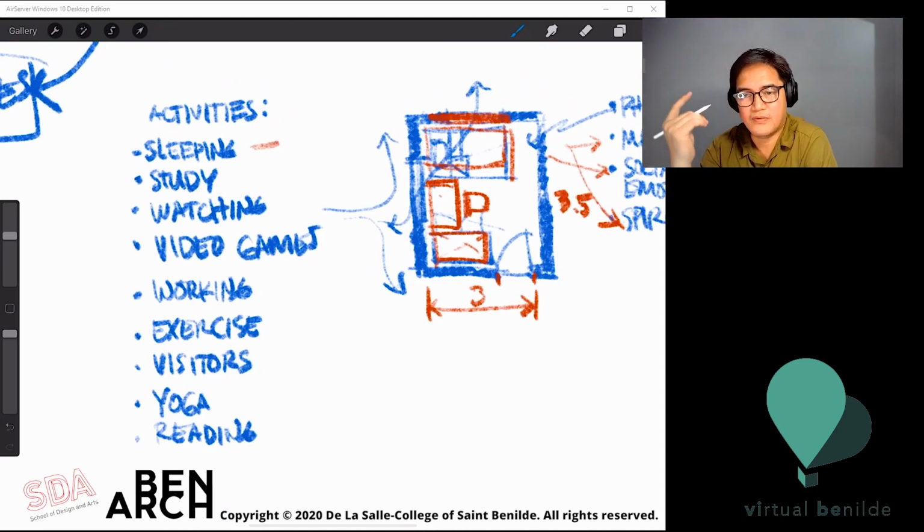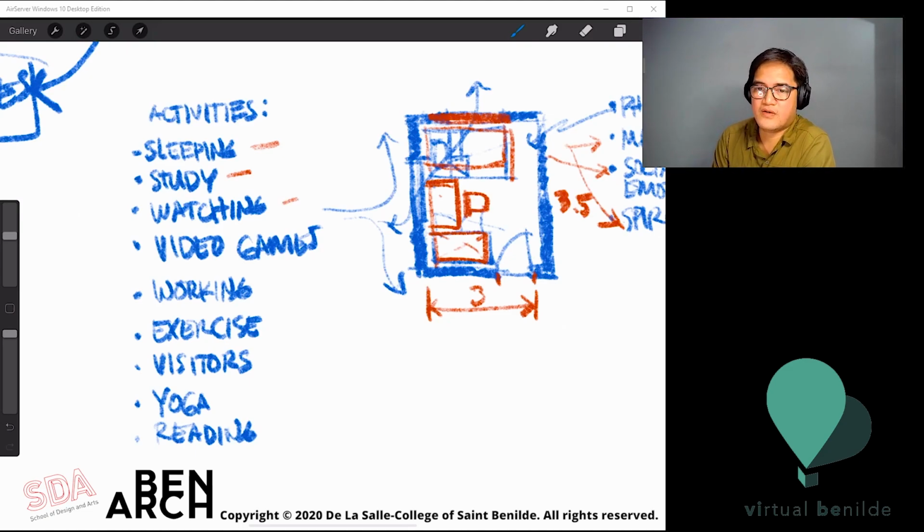A good sleep would be nice for your physical well-being. Not only that, your mental being would also be conducive to sleeping, away from noise and away from unwanted light at night. For studying, you need a quiet space, a conducive space, enough light, and enough air.